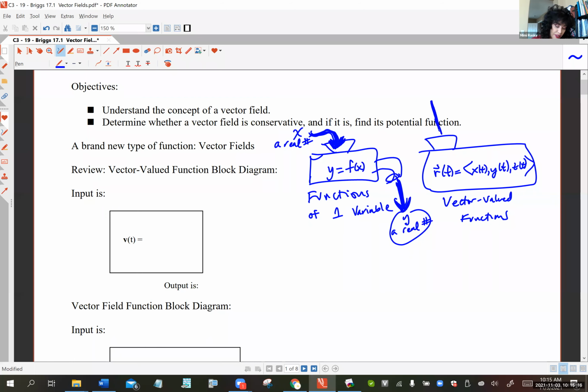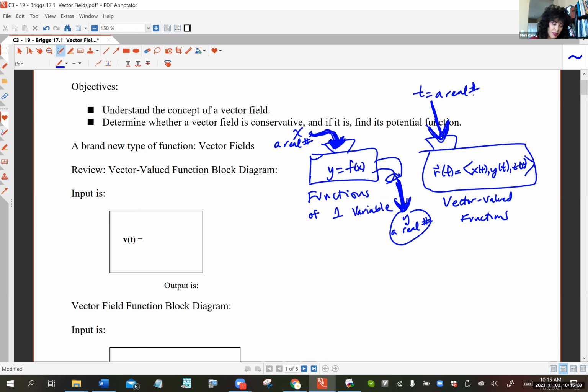So what did we feed a vector valued function? Do we feed it a point, a real number, or a vector? A point? Well, wait, no. A real number.